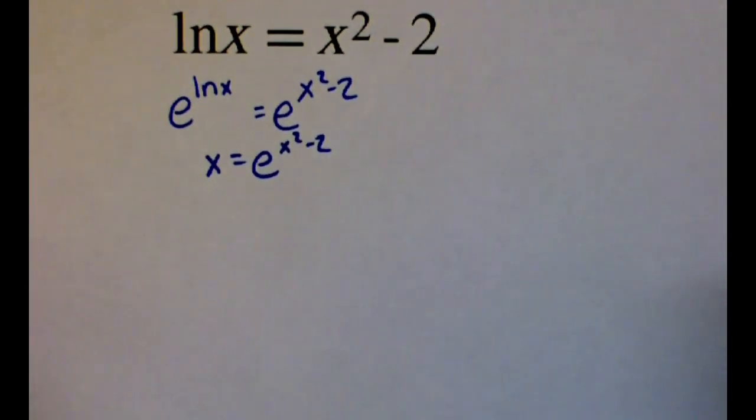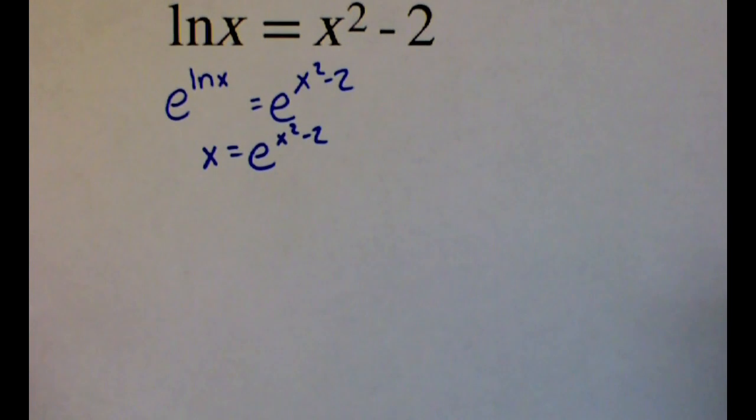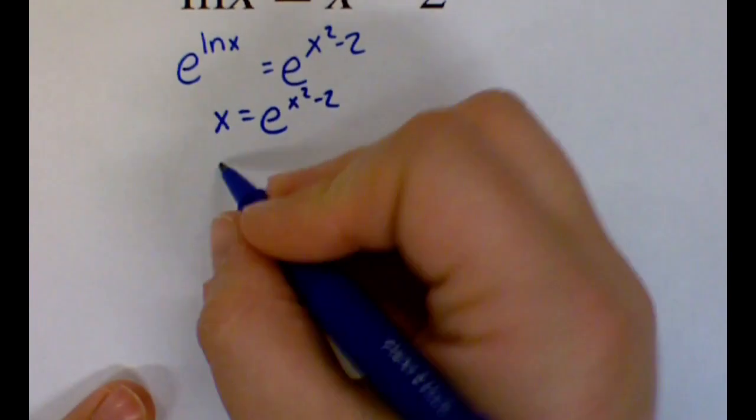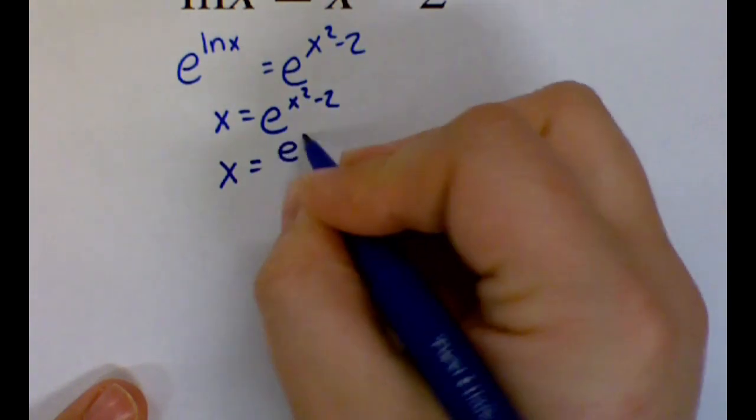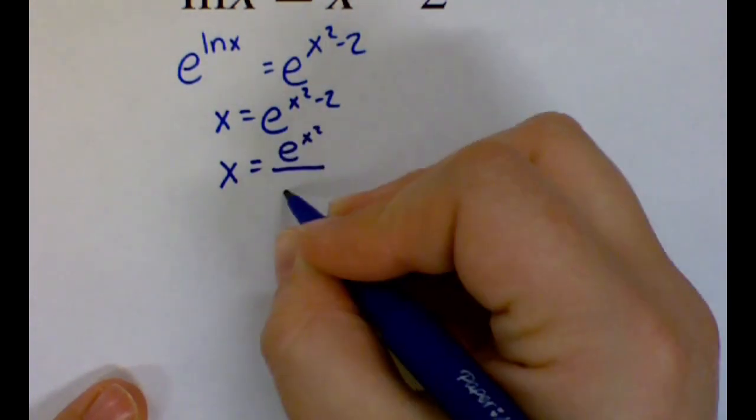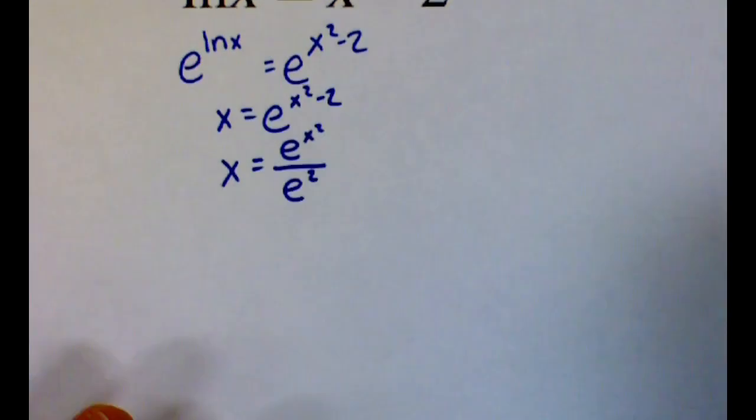Well, how do I get that out of there? We start to do some crazy wonky work, right? This one is not something that we would generally encounter, but some work we could do on it. If I'm subtracting exponents, I can make it division, right?